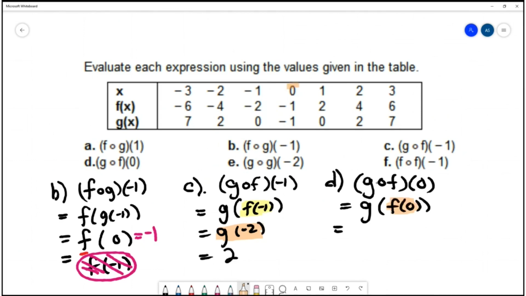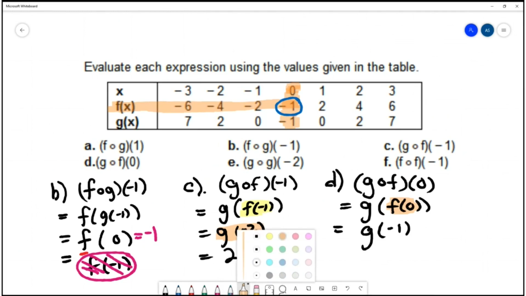So I'm looking where x is 0, and also looking where I have f. So my y value is negative 1. So now I have g of negative 1. Here's where my x is negative 1 and g is this row. So g of negative 1 is 0.